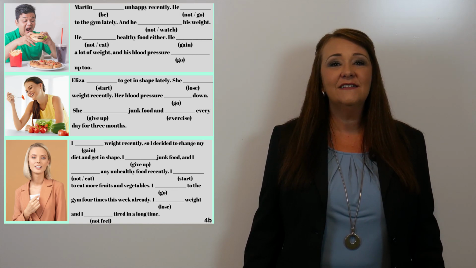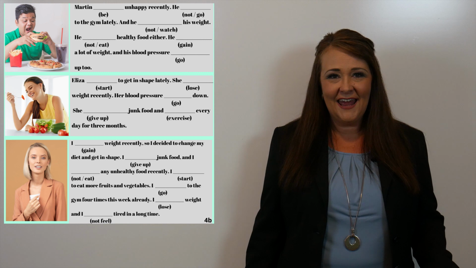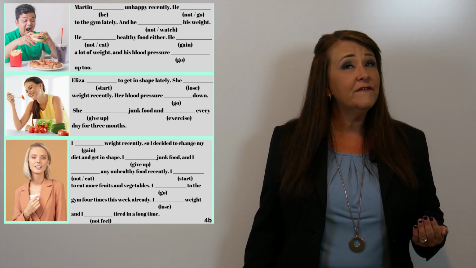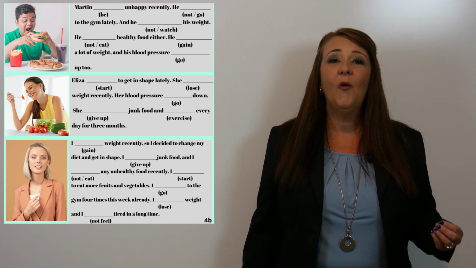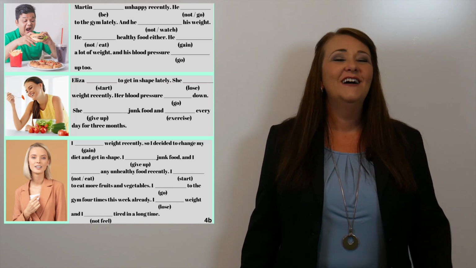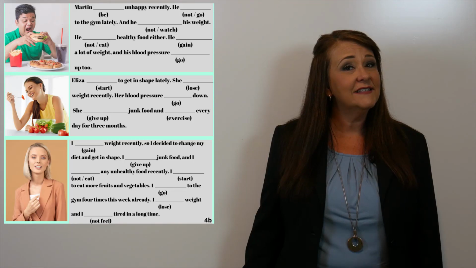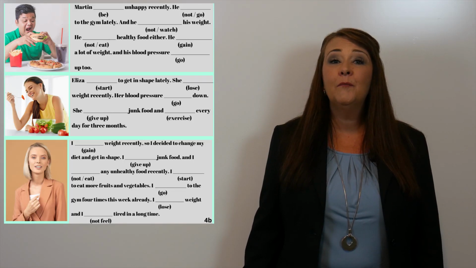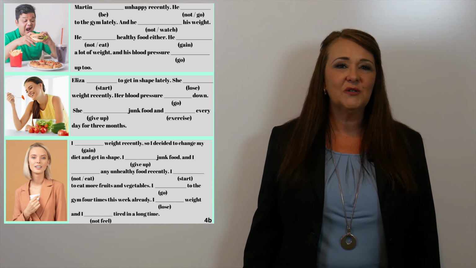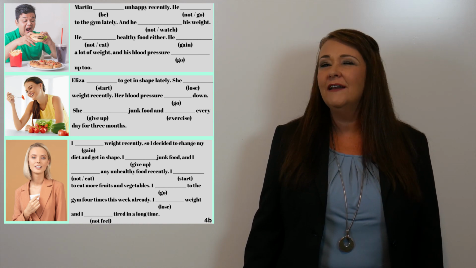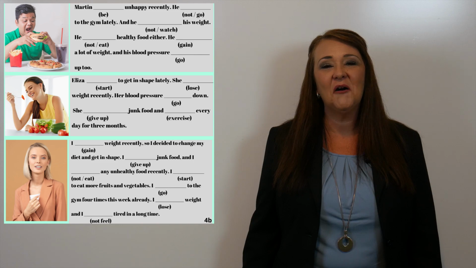Does that make sense? So, once again, use the present perfect form and either has or have. Why don't you go ahead and try this activity, and then when you're done, I'll give you the answers. Pause your video and complete the activity now.